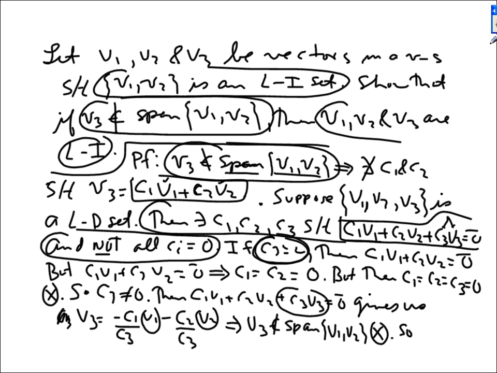So, let me think a minute. The set V1, V2, V3 is not linearly dependent.